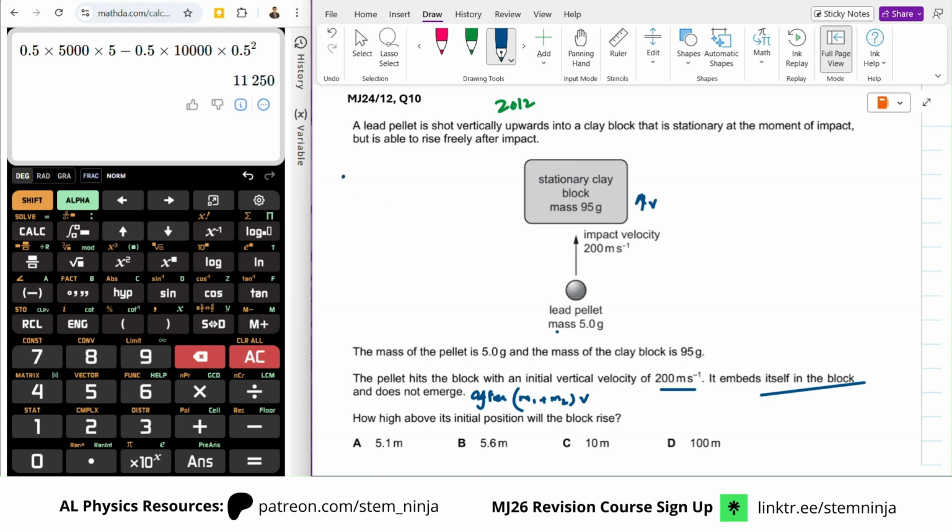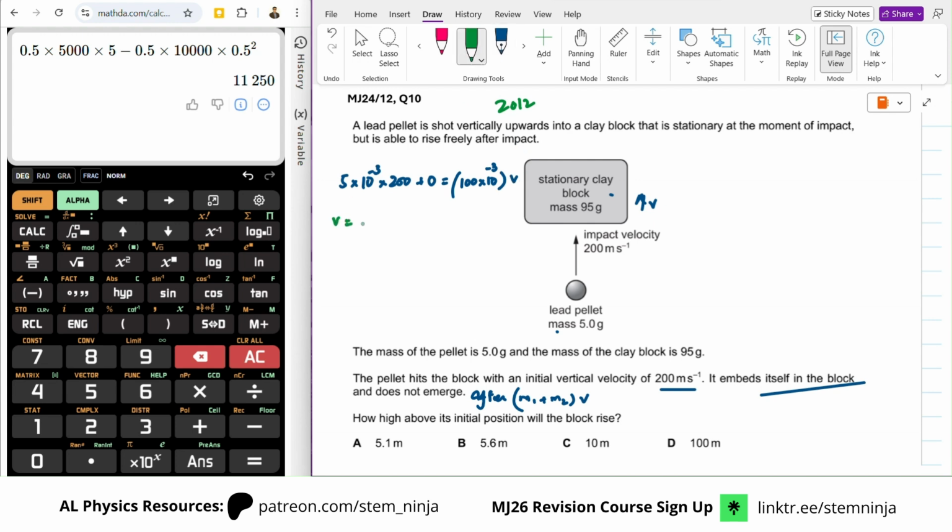So 5 grams times speed 200 plus 0, because this is stationary. And now their masses are combined, so this is going to be 100 grams times V, which we need to find out.